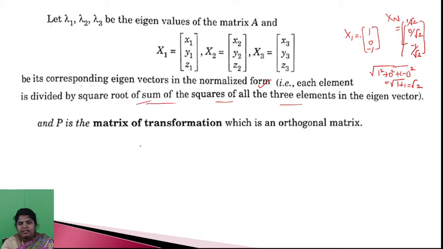And that matrix is said to be an orthogonal matrix. In the previous section, for diagonalization, we took P as the modal matrix. Simply we write the column vectors of the eigenvectors. Now, after finding the normalized form, if we write the matrix P, then it is said to be the matrix transformation, which is an orthogonal matrix.